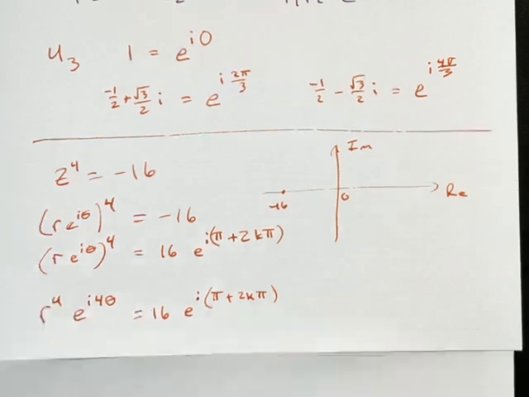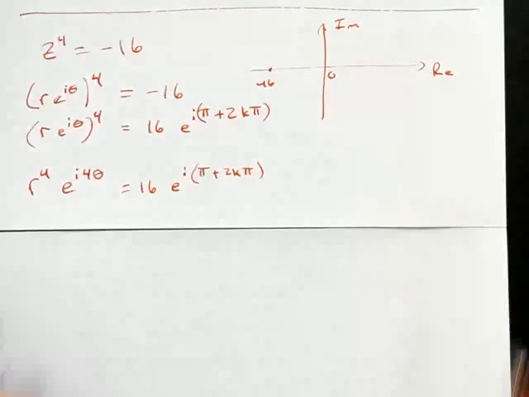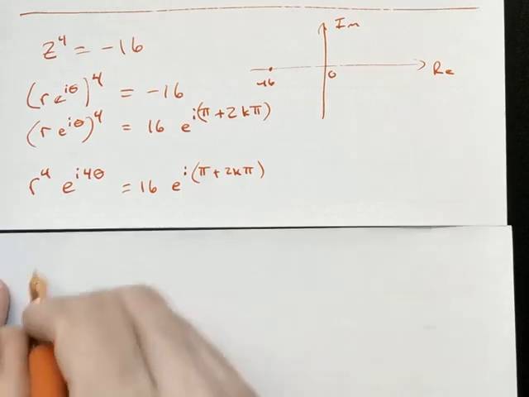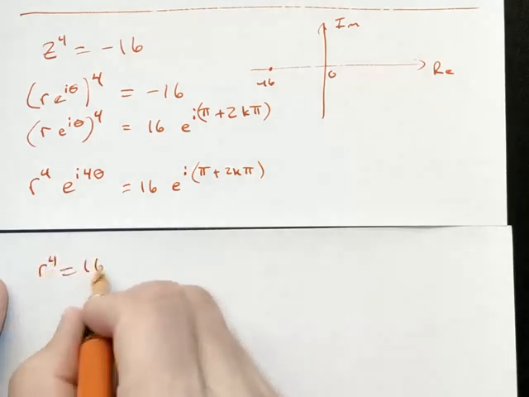Please notice, I now have a number and an exponential on the left, a number and an exponential on the right. That means the numbers out front have to match. r to the fourth has to be 16.